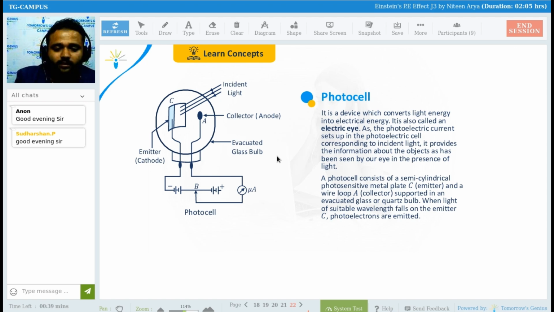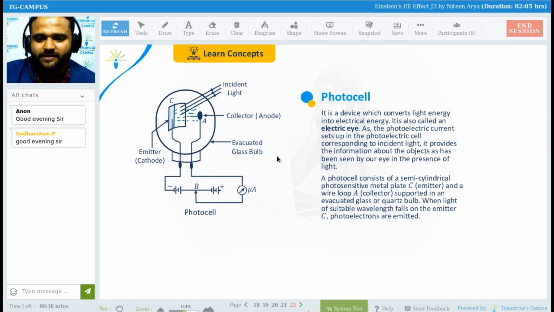Not in much detail, but it is a kind of cell with an emitter, cathode, and anode. The photoelectrons travel in this way and you can get a current. We discussed this in detail with the diode, the photocell.